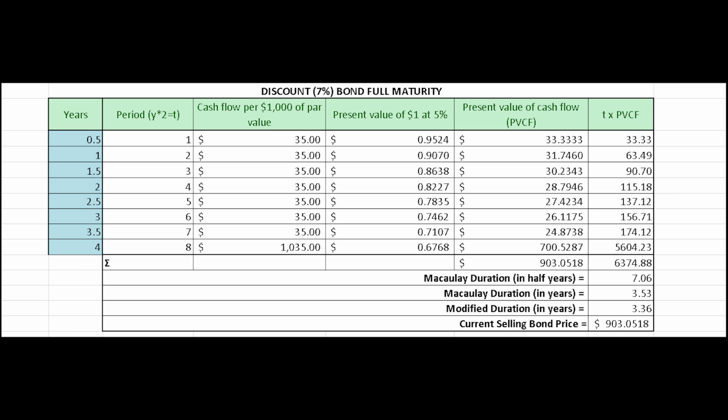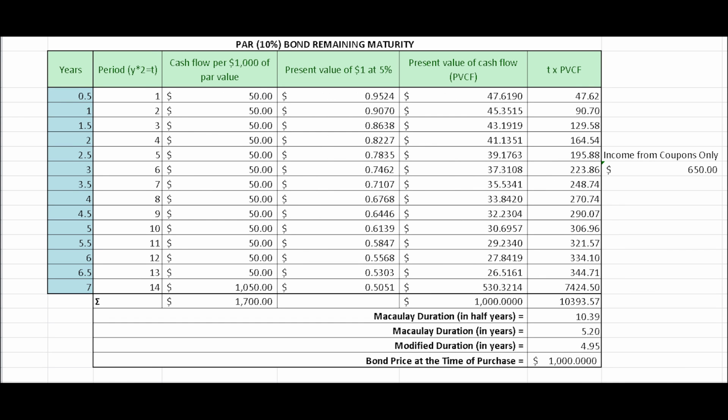This is the time remaining upon maturity, years 1 through 4, or years 8 through 11. This will be the price of the bond today. So if you bought the bond at $851.52, at the end of year 7, you would receive this.